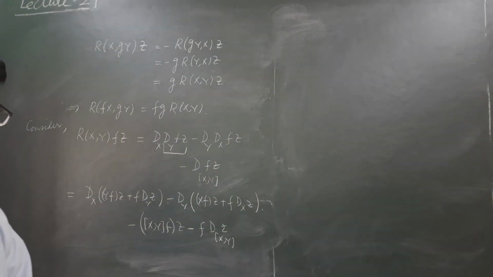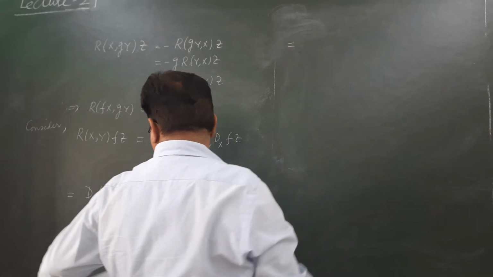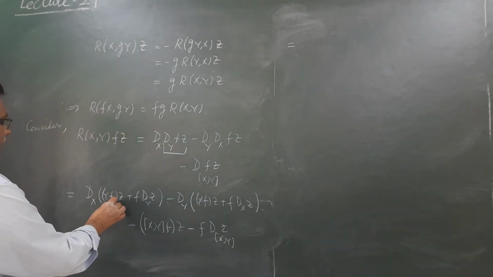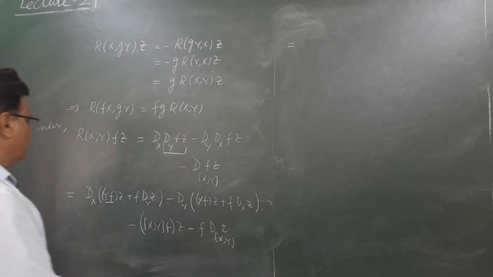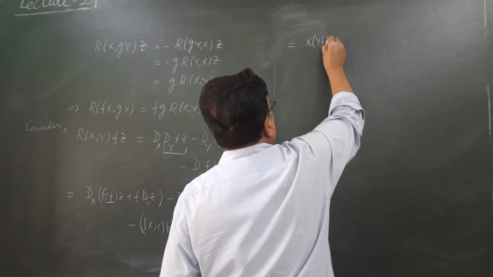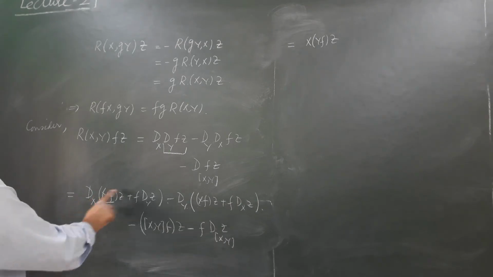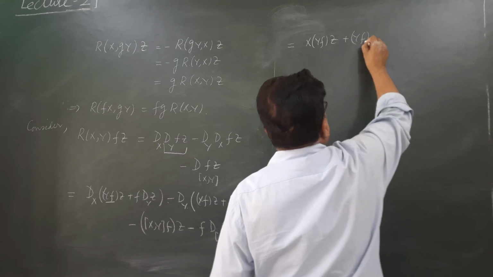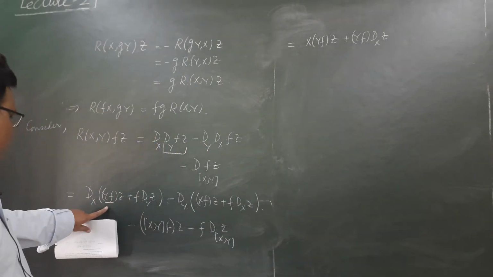So rearranging, what will happen? Look at the first term, dx operating on yfz. So yf is a function, you look at it as if it's a function g. So x operating on g into z. So this is x operating on g, meaning yf, into z, plus the function g is out, dxz. So plus yf is out dxz. Okay, so the first term is resolved. Come to the second.